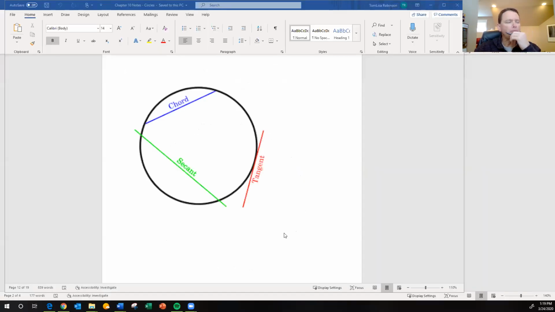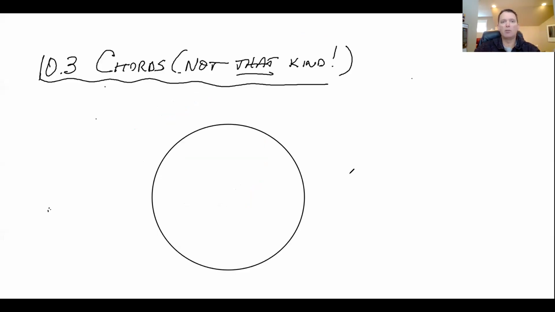I'm going to redraw this drawing here on the whiteboard so that we can talk about these three different types of line: a chord, a tangent, and something called a secant, which we won't be dealing with today, but is a topic for a later course. So the first thing we did is we saw what a tangent looked like, and it looked generally like this: a line that kind of passes by and touches a circle, but only in one place.